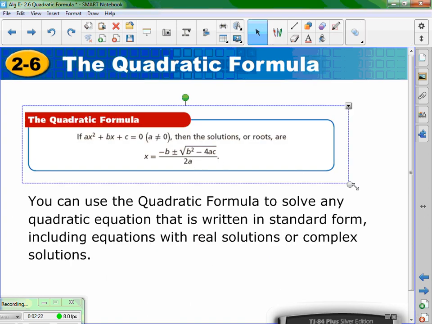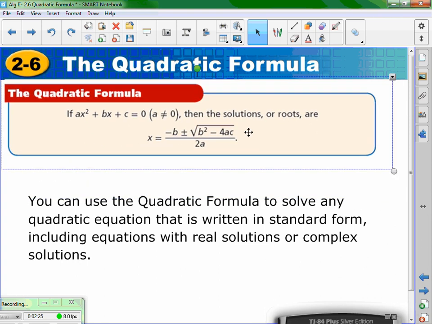The quadratic formula is -b plus or minus the square root of b squared minus 4ac all over 2a. It looks very confusing at first. After a while, you'll start to remember it like nothing. The quadratic formula can be used to solve any quadratic equation that's in standard form.